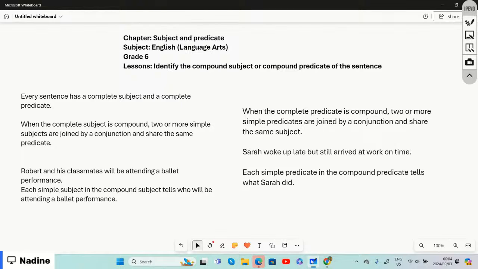We are doing grade 6. And the lessons that we are focusing on under the chapter of subject and predicate, it is to identify the compound subject or compound predicate of a sentence.